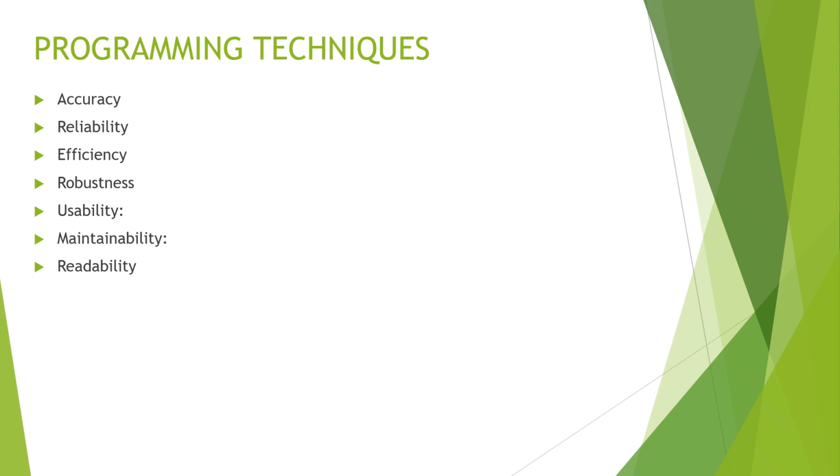The program must be easy enough to be used by anybody. Everybody should be able to use the program, and that's still using the example of the ATM machine. You can see that the ATM machine has been built in such a way that everyone that goes to it will be able to use it. They've not used big grammar that even an illiterate will not be able to use.